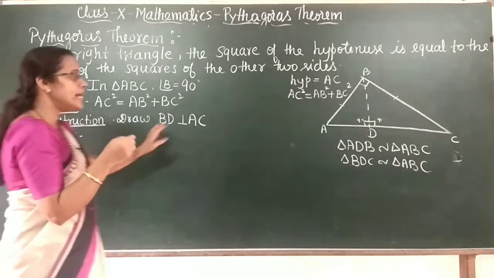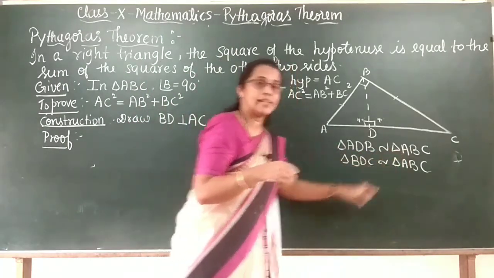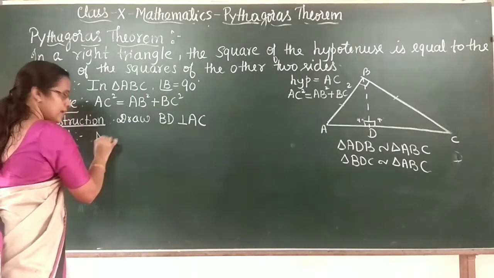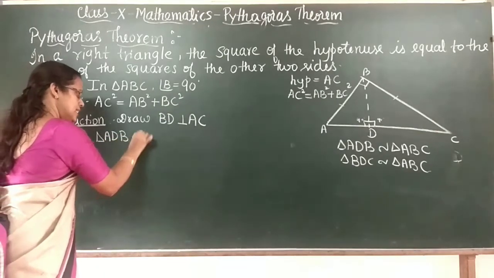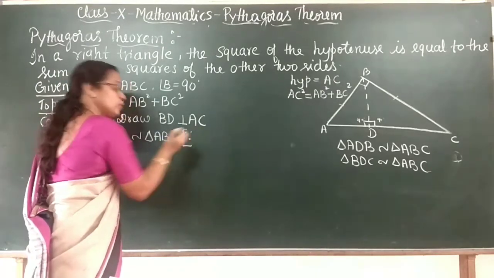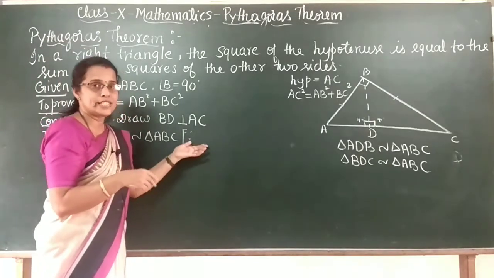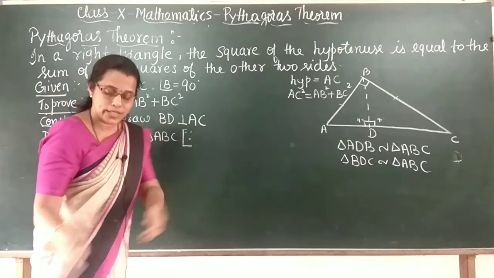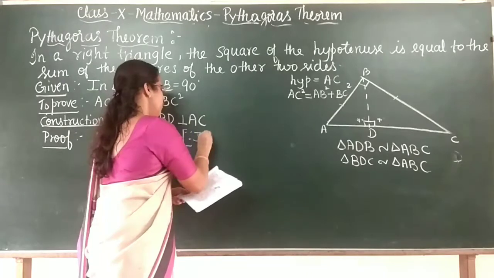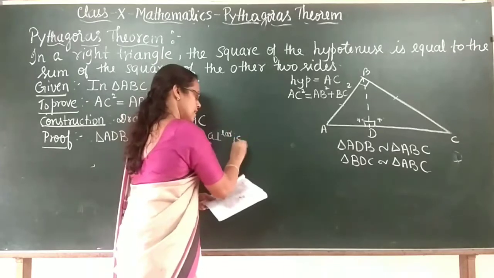Yes, children. So now I already know from the theorem that triangle ADB is similar to triangle ABC. So in triangle ADB similar to triangle ABC, I already proved the theorem. If you want to write the statement of the theorem, you can write. What was the statement we learned in the previous one?